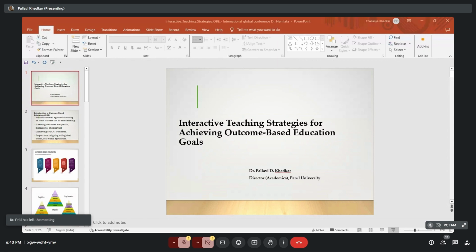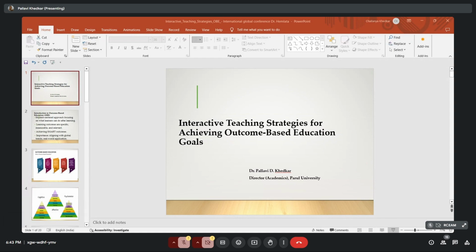Secondly, it focuses on learners' behavior that has to be changed. Third thing is it gives the guidelines for the content, instruction, and evaluation. The fourth thing is it identifies specifically what should be learned. And lastly, it conveys to the learners what exactly has been accomplished. This is what outcome based education talks about.